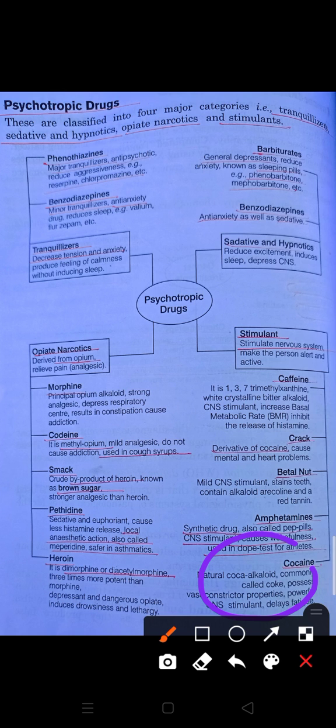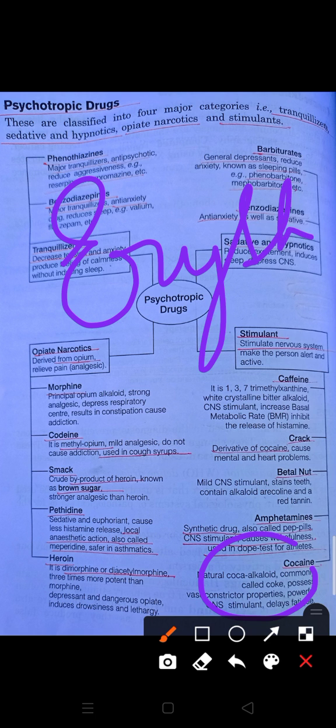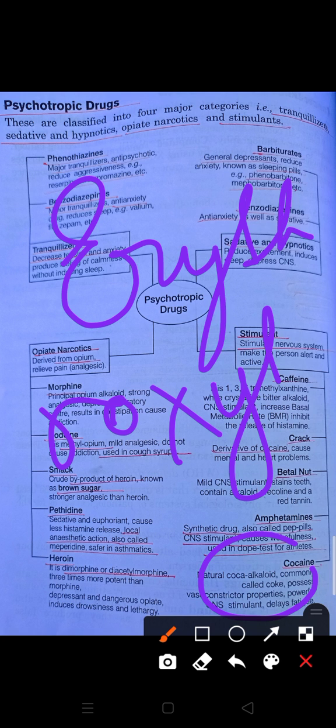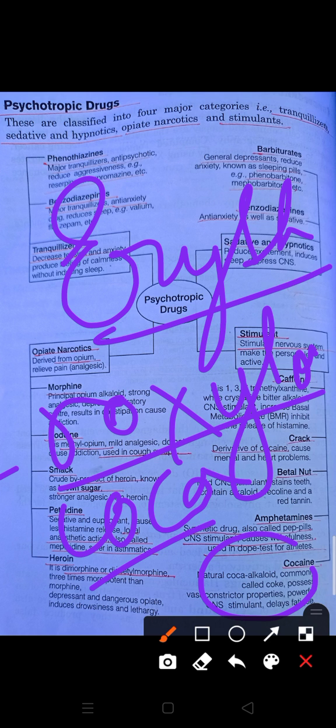Cocaine is extracted from the dry leaves of a shrub known as Erythroxylon coca. Please note it down. Basically it belongs to the family Erythroxylaceae.